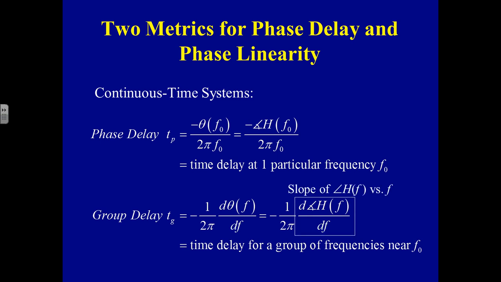And we can see the difference in the functional descriptions. Both these have 1 over 2 pi out in front, but the phase delay takes an actual value angle from the angle argument of the frequency response at a particular frequency. The group delay uses the slope of the angle function versus frequency.